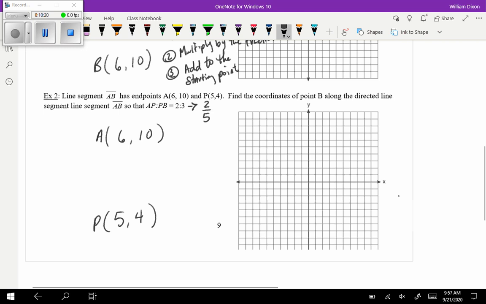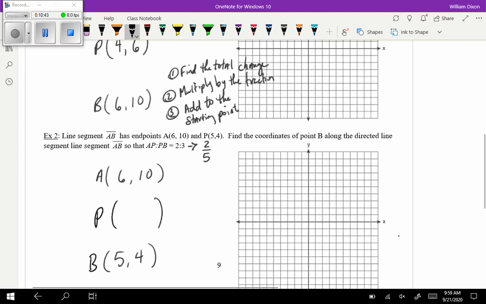All right, I want to know what B is. Okay, I just found something that I think needs to change. So this should be a B, and we're looking for point P. No big deal. All right, still the same thing.